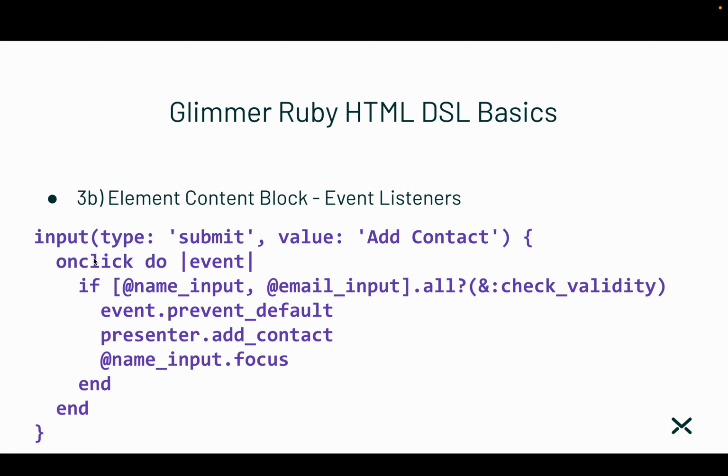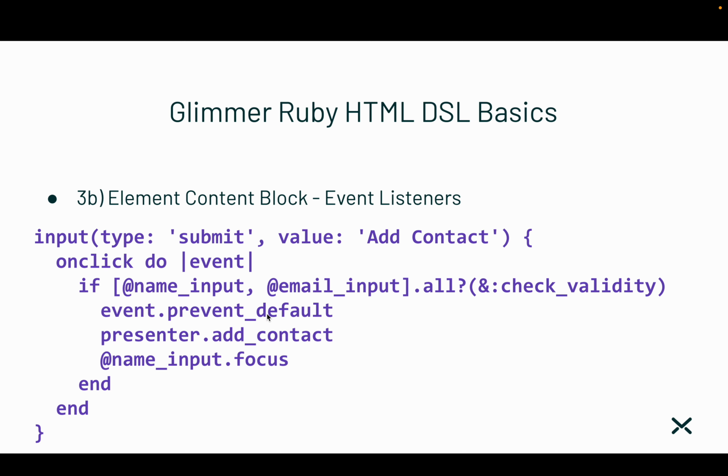This is a more complicated example, but I have an input, it's got these attributes, got this listener, and then here it's doing some work. It's grabbing the input fields as objects, kind of like JavaScript objects, and then it's checking their validity. So anything that's available in JavaScript as a method on an object is available in Glimmer as well using Opal Ruby.